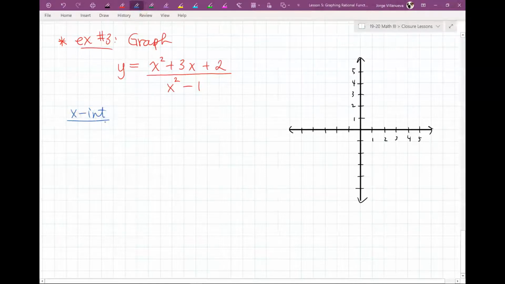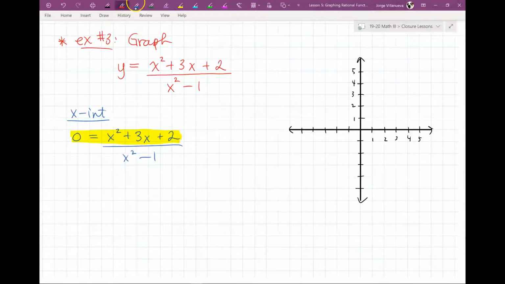So the x-intercept, okay, for us right now is going to be that we set y equal to 0. And then I'm supposed to focus on the numerator. Okay, so that means I get 0 equals x squared plus 3x plus 2.